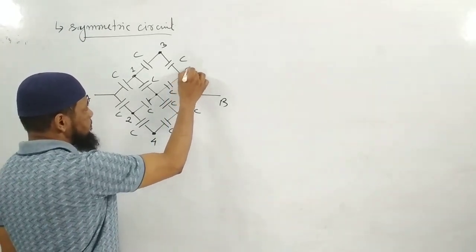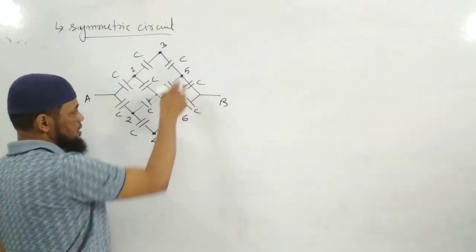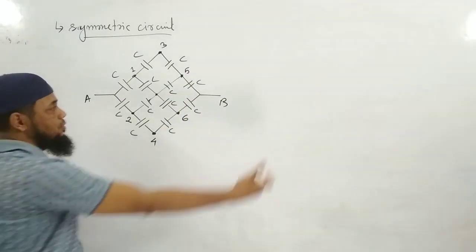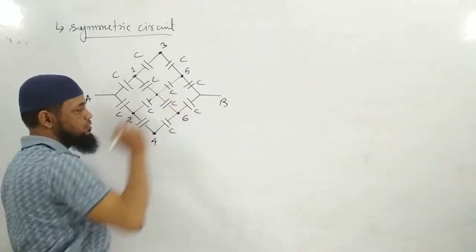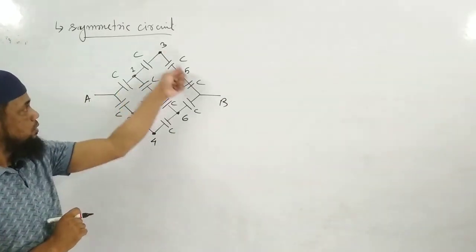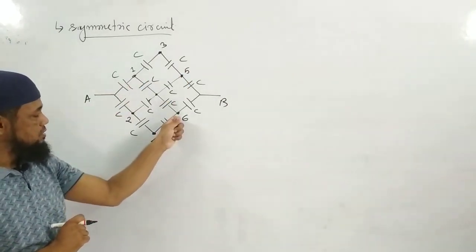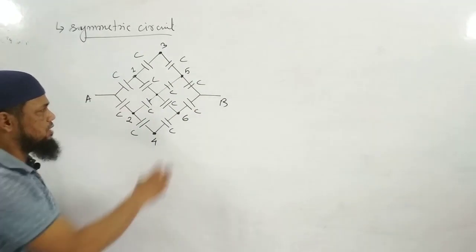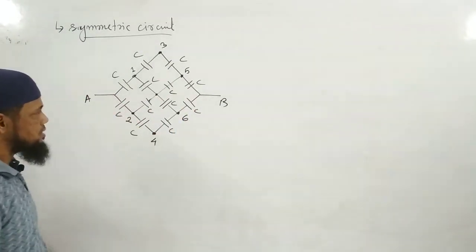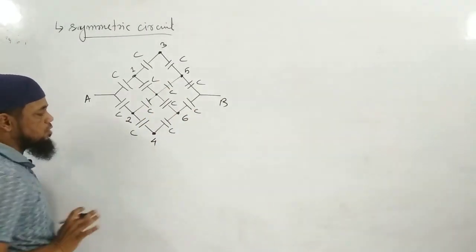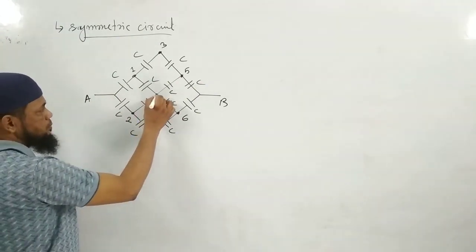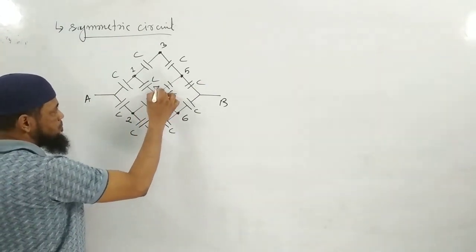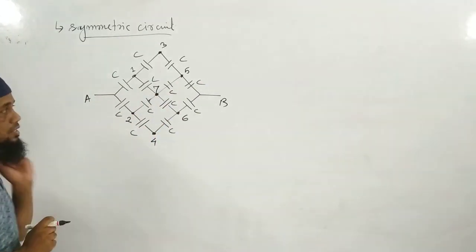5 and 6, they are exactly again identical. If you come from this side, first point, if you go the third point, whichever way you think, you use a general IQ, so you'll understand 5 and 6 are completely identical points. There is a center point, this is the point number 7, let me call it as.